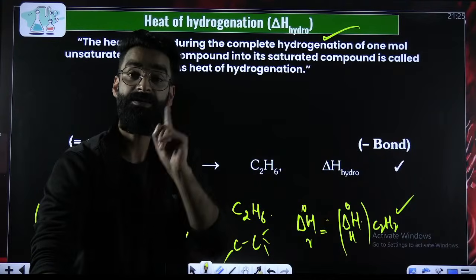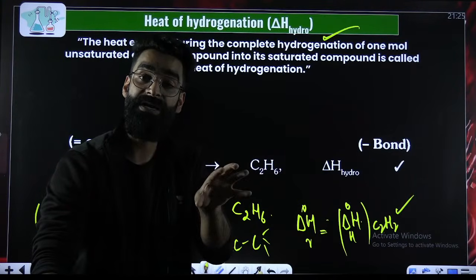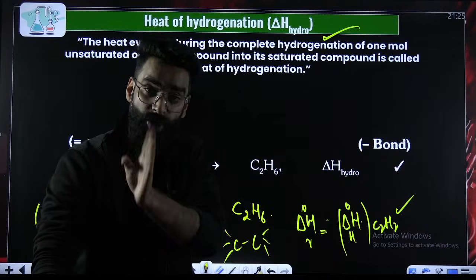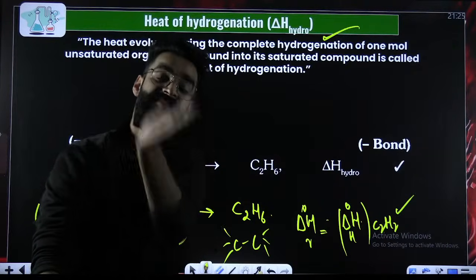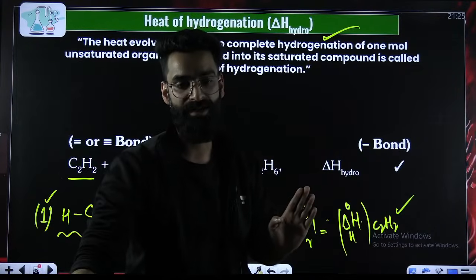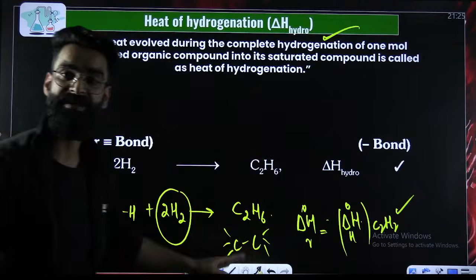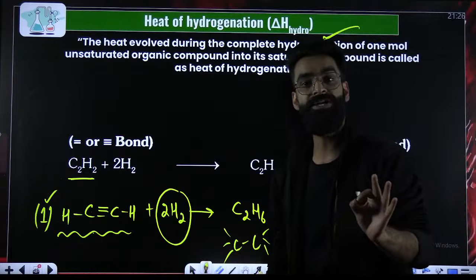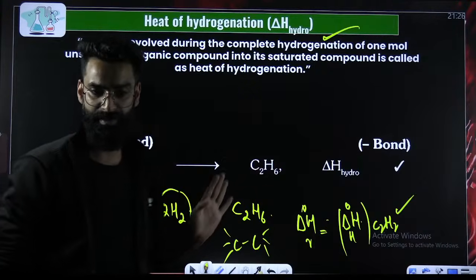The amount of heat released when 1 mole of unsaturated organic compound undergoes hydrogenation and gets converted into the saturated organic compound is what I call the enthalpy of hydrogenation of that unsaturated organic compound.